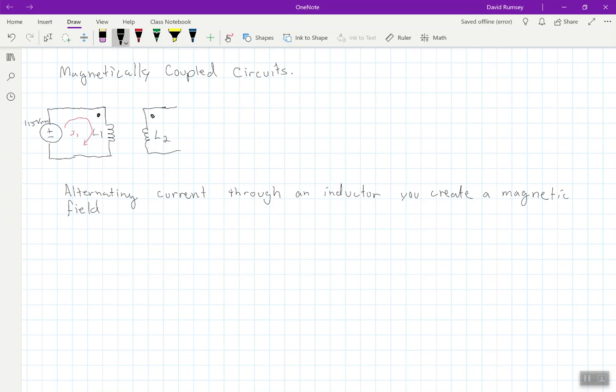And this is just talking about the first inductor, which can be a good or bad thing. So we're going to generate a magnetic field.